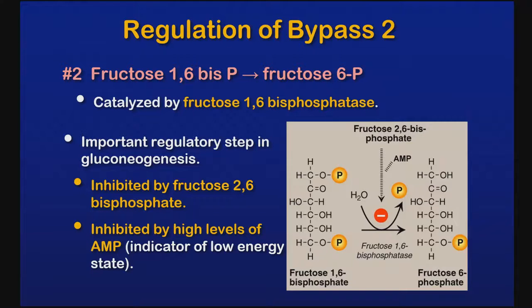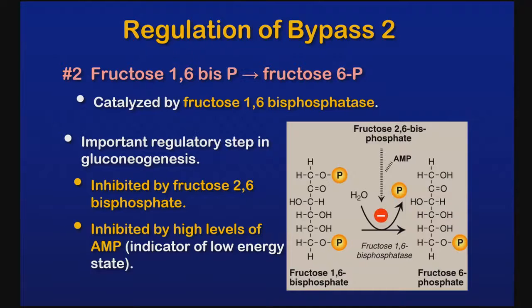Now, that's the reaction you want to reverse. So if PFK1 is stimulated by one molecule, what would that molecule do to the reverse reaction? Would it stimulate it or inhibit it? You will shut it down, right? If you don't want the reaction to go in the opposite direction while you're stimulating this, you shut this one down, okay? So if you have a lot of 2,6-bisphosphate around, it will shut down the 1,6-bisphosphatase, so the reaction would not go back. Is that clear? Because you stimulate the forward reaction, which is glycolysis.